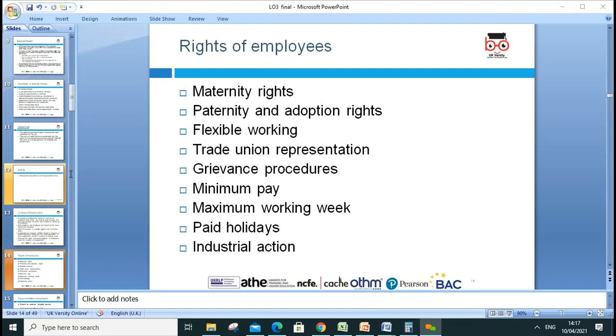Then paid holidays: this can vary, but 2.5 holiday days per month are authorized for individuals. Full-time employees get around 28 days of holiday in a year.